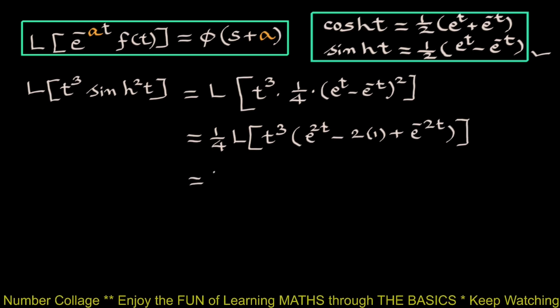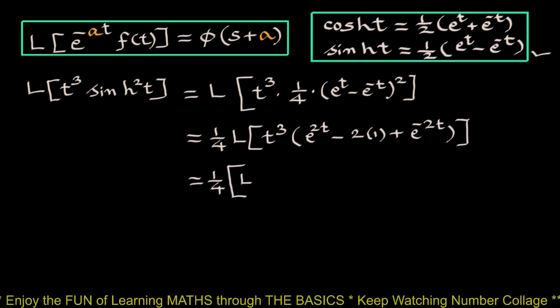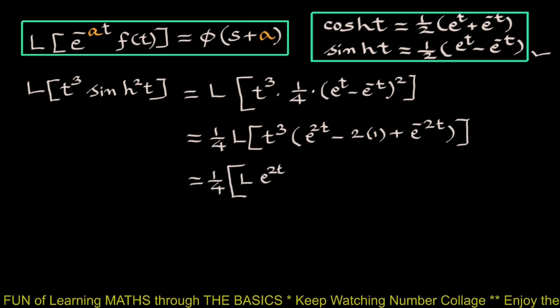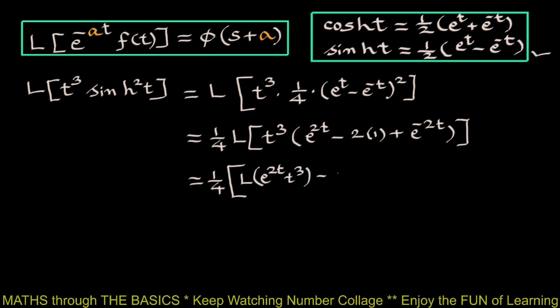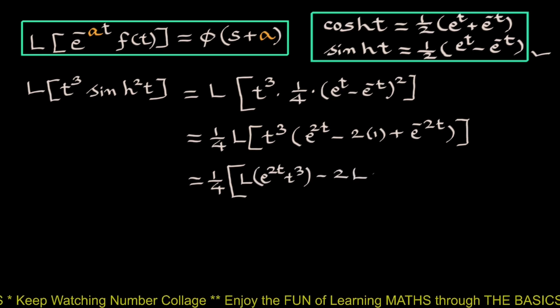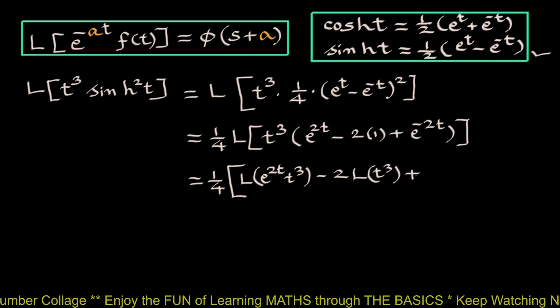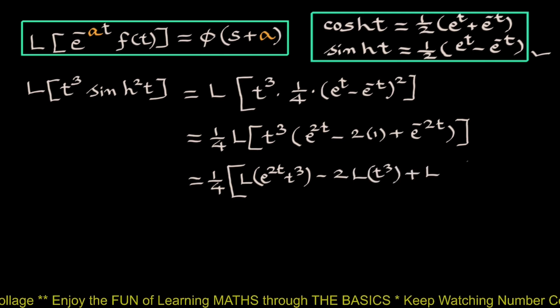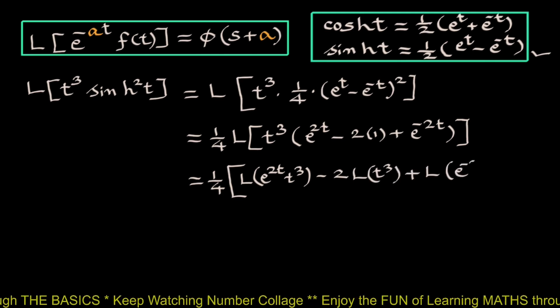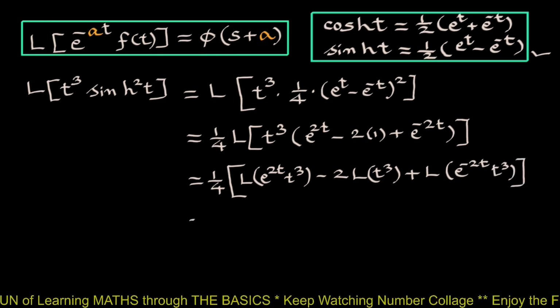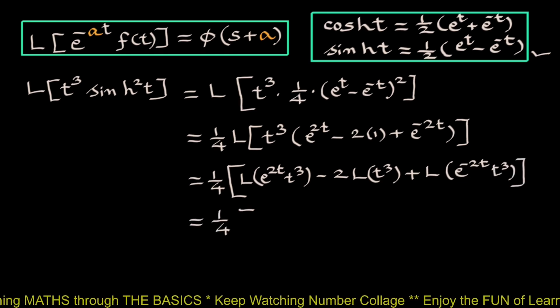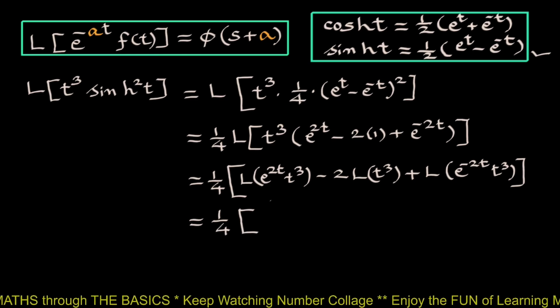Which is 1 upon 4 into Laplace transform of e raised to 2t into t cube, minus 2 times Laplace transform of t cube, plus Laplace transform of e raised to minus 2t into t cube, which is 1 upon 4, again by first shifting theorem above.